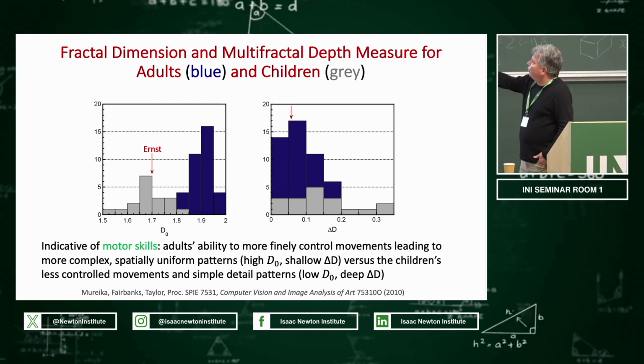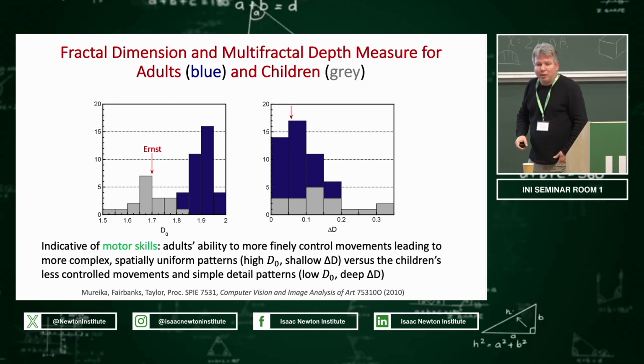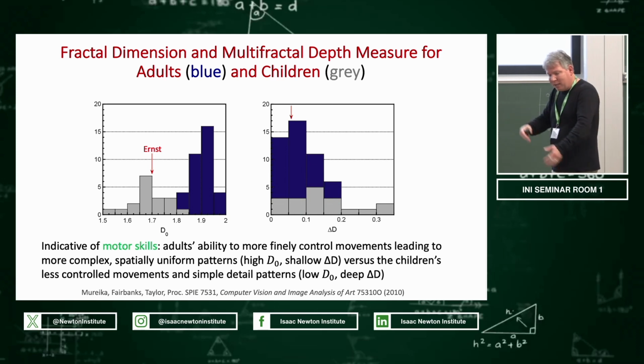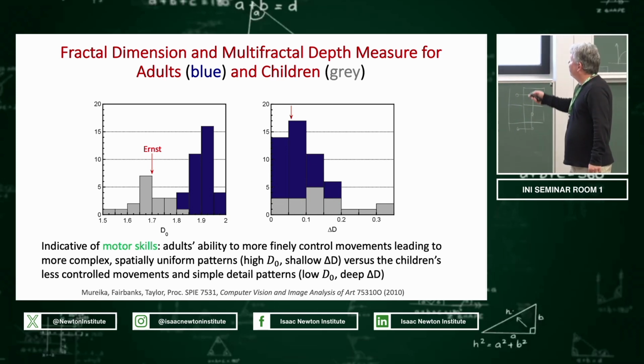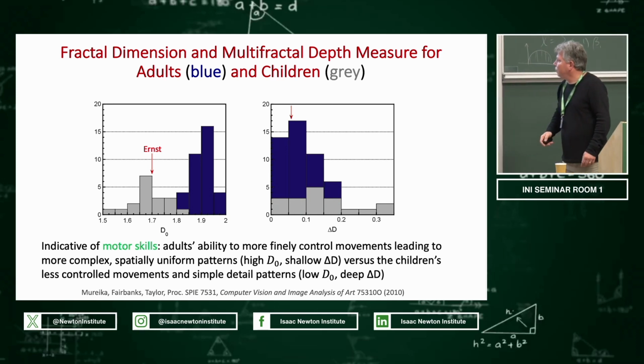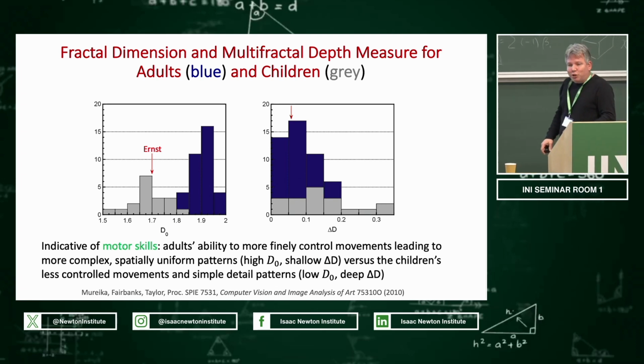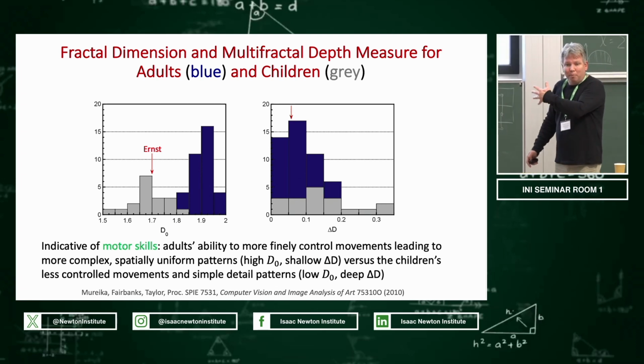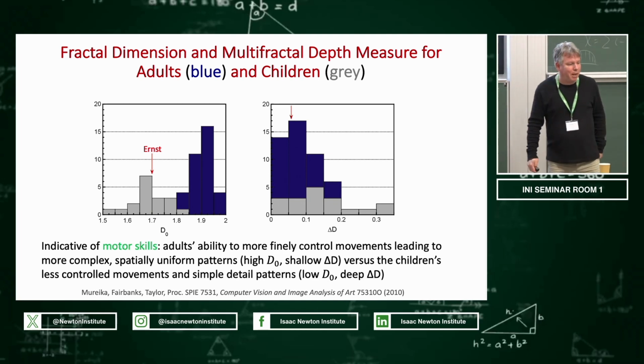And likewise, the multifractal depth of Ernst is up here. So that is a very uniform pattern that was painted by that mechanism, compared to the adults. So this suggested that the multifractal depth could say something very interesting about balance, artist balance.